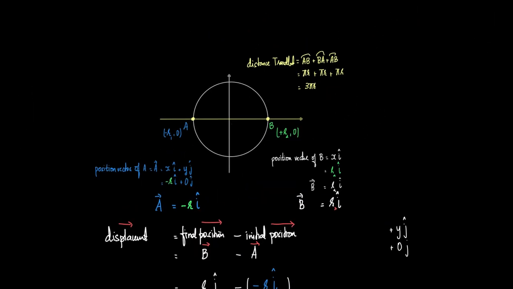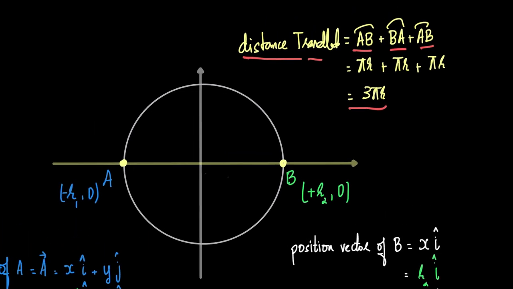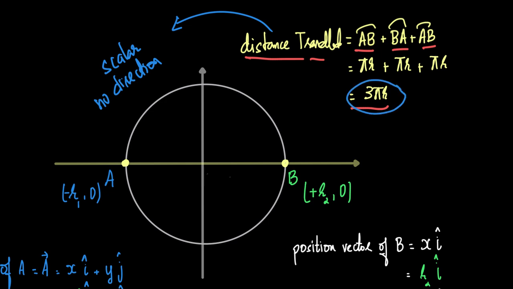So, yes, and we also know that the distance traveled is AB, BA plus AB, which is 3 pi r. And can we do the same method for distance traveled as well? Exactly, we can't do that. Why? Because distance traveled is a scalar quantity and therefore has no direction, and the only factor being magnitude, which is 3 pi r.